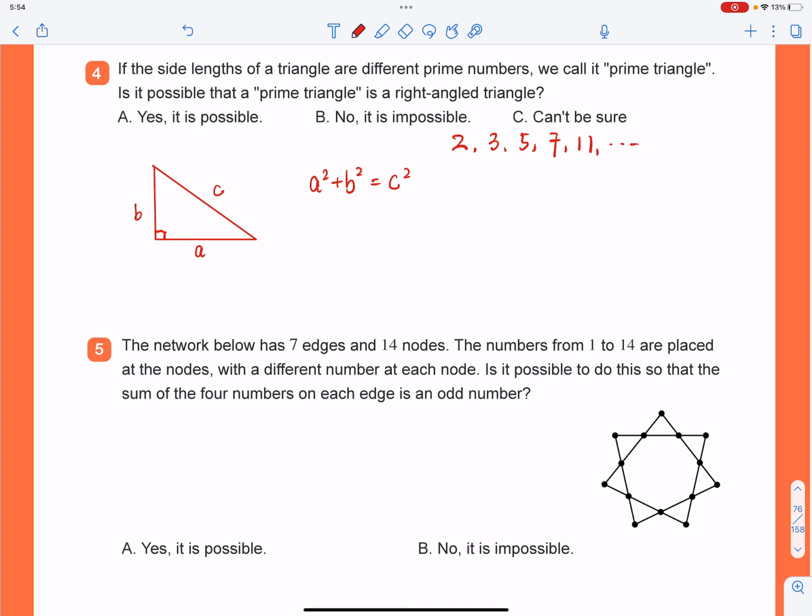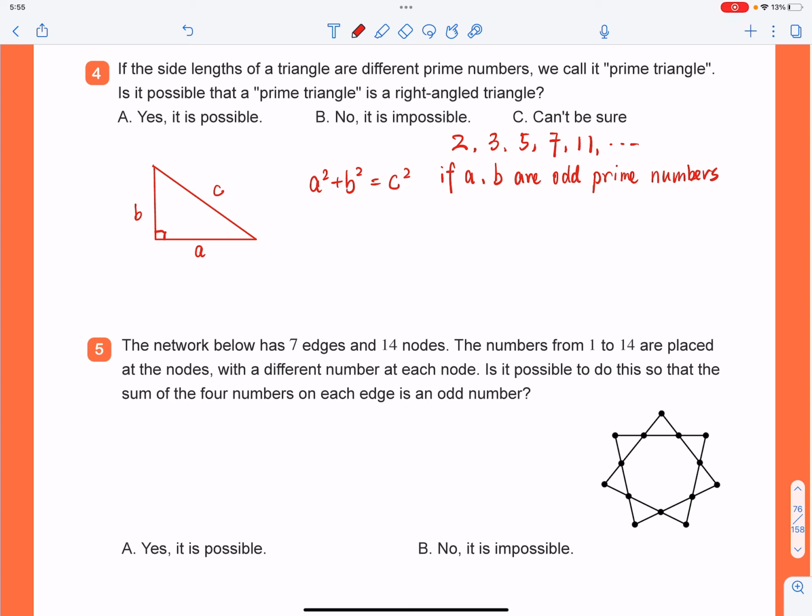And so let's do the odd-even analysis for the question. For example, if A and B are odd prime numbers, then you'll find that an odd number squared is also an odd number.